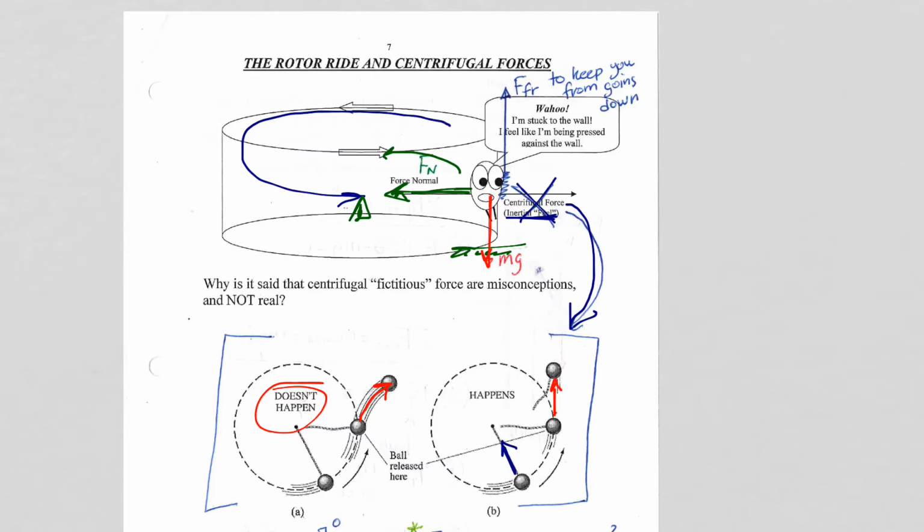Well, the only thing then that is keeping you from going down with gravity is the friction between your back and the wall. And we know friction is mu times the force normal. So we now have a normal force because the wall is pushing radially in on you. So if we have a coefficient of friction, you will stick to the wall.